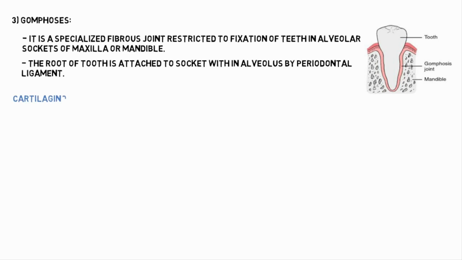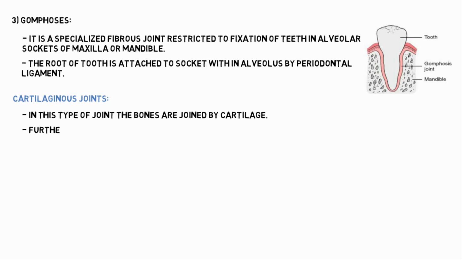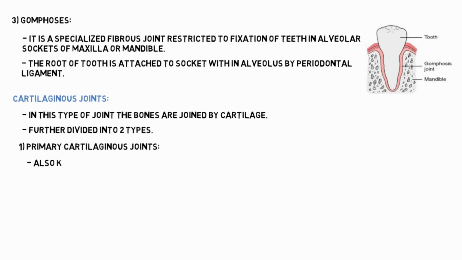Next type of joint in structural classification is the cartilaginous joint. In this type of joint, the bones are joined by cartilage. Cartilaginous joints are further divided into 2 types. First one is the primary cartilaginous joint, also known as synchondrosis.